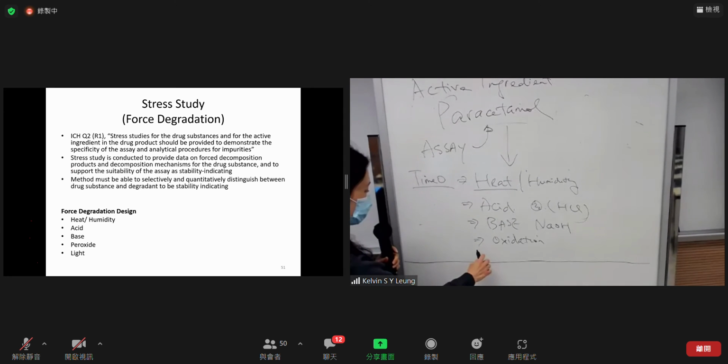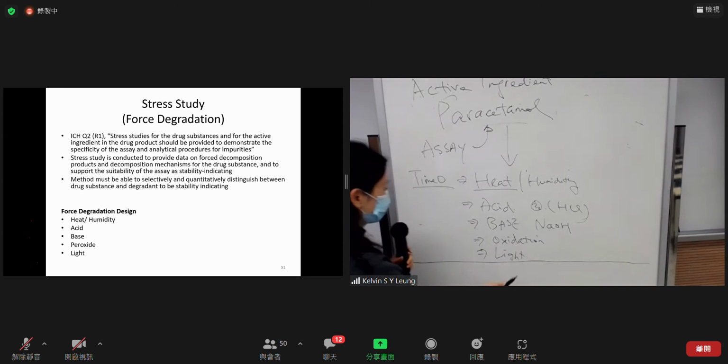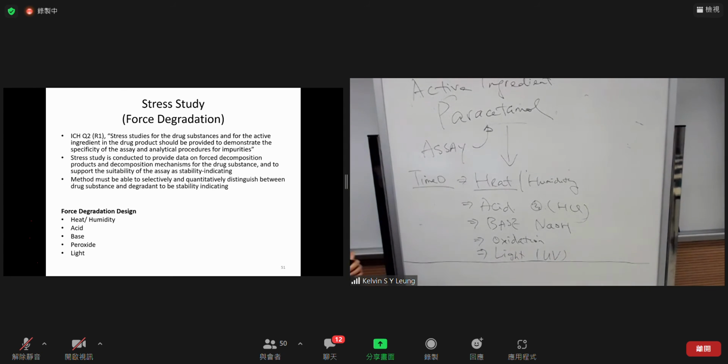And maybe light: you can use UV light, putting your samples into the UV box to photolyze them. Okay, these are some of the suggested methods when you design the stress studies for your samples.